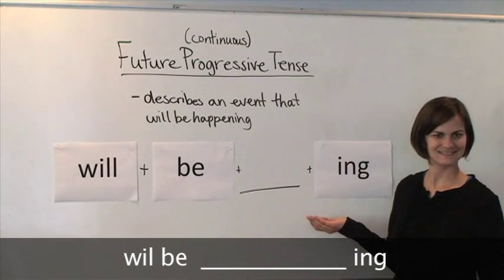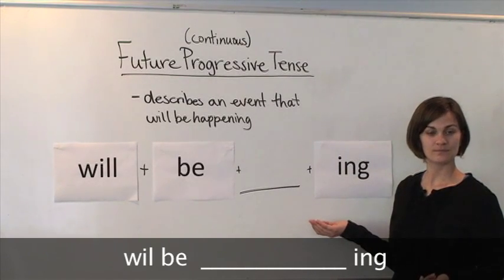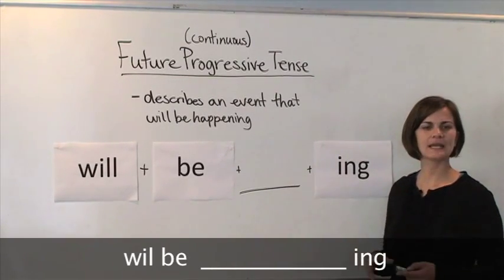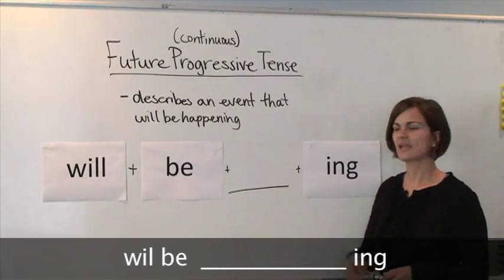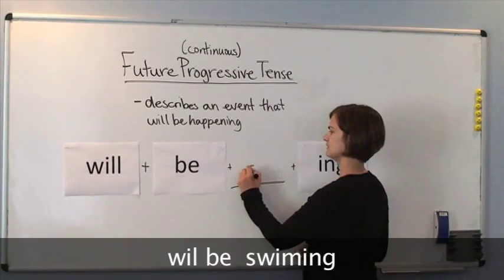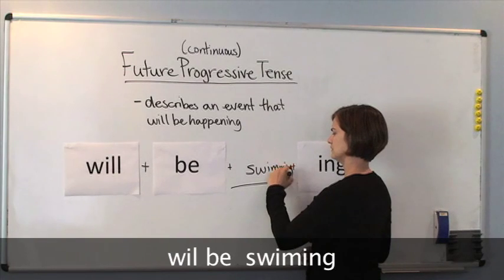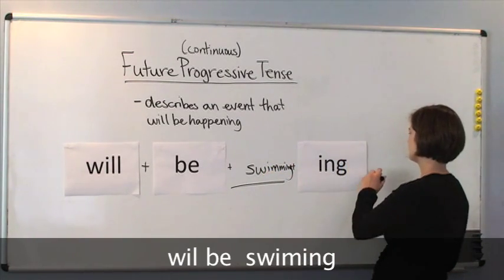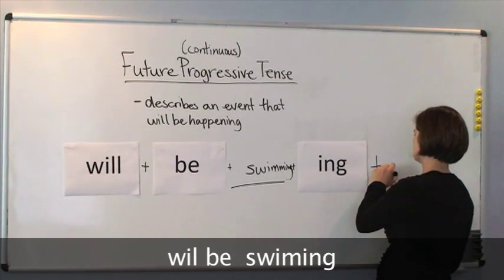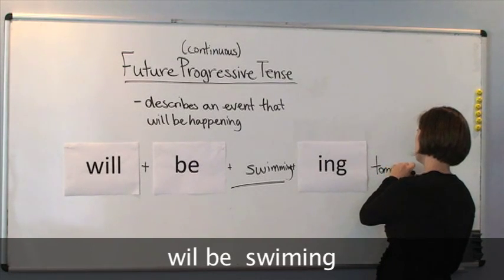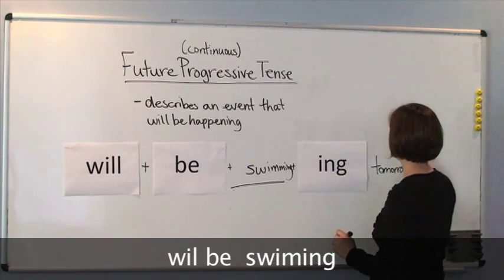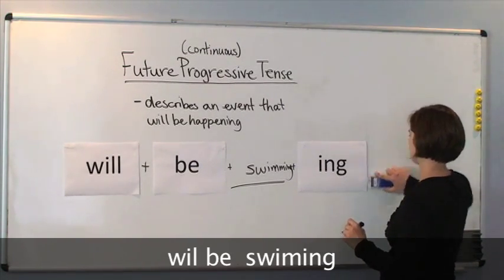So I will be what? I will be action that continues. Pick an action. Swimming. I will be swimming. Tomorrow. I will be swimming tomorrow. Yeah, and we can even add more detail than that, right?